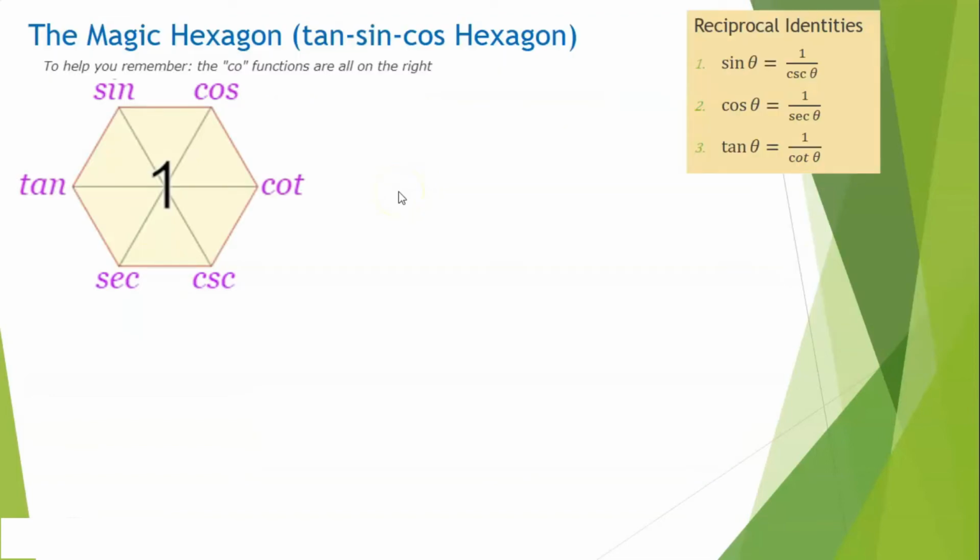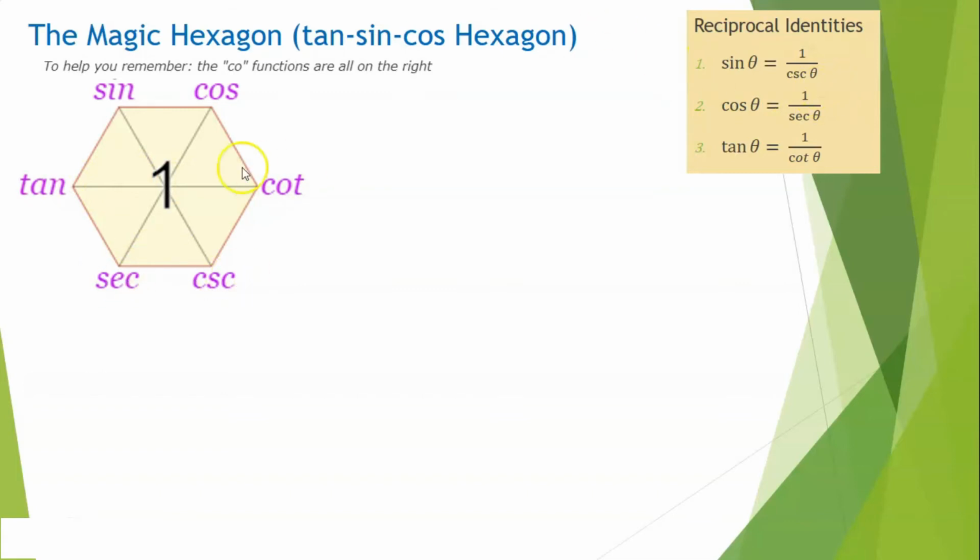Okay, now take note, it's very important to memorize the different identities. To easily do that, you can make use of the magic hexagon, or this is considered as a tangent sine cosine hexagon. To help you remember, the co-functions are located at the right: sine, cosine; tangent, cotangent; and secant, cosecant.